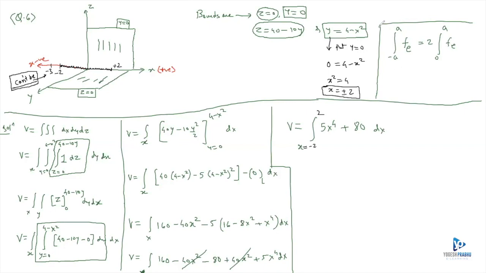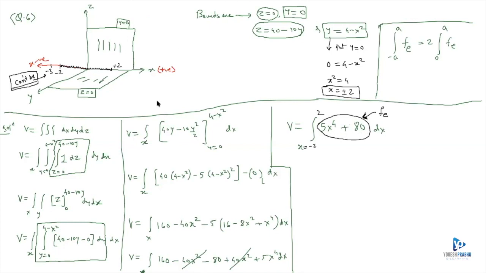The even is f of minus x equals f of x, and the odd is f of minus x equals minus f of x. So is this an even function? Yes. Why? If you put x equals minus x, this is just the same thing.